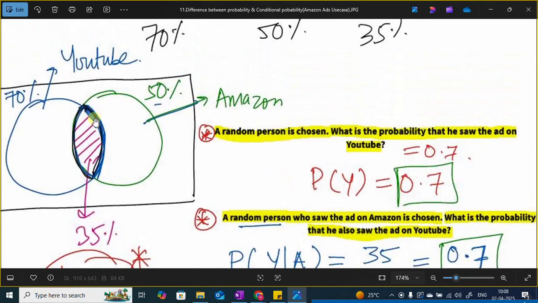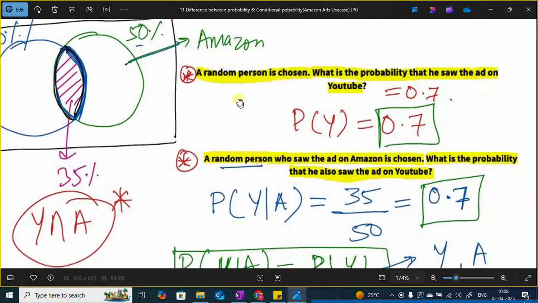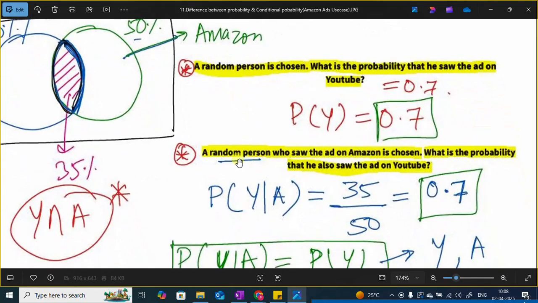Means I am choosing from this green color circle forcefully, because that is the condition I'm giving. That's why it's called conditional probability. Here it's normal probability. Here I'm giving the condition: you have to pick a person from this green color circle only, to satisfy my question, who saw the ad on Amazon.